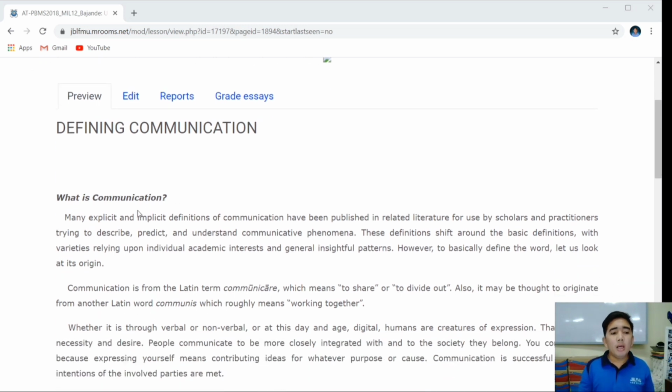So the first part of the acquiring part is defining communication. Let's define what communication is.